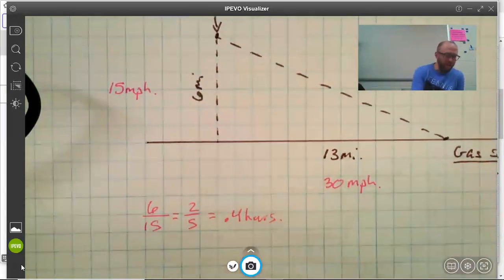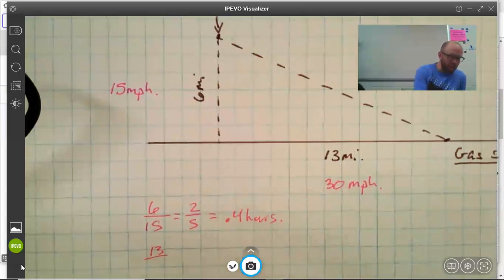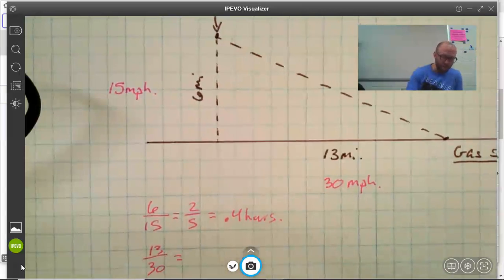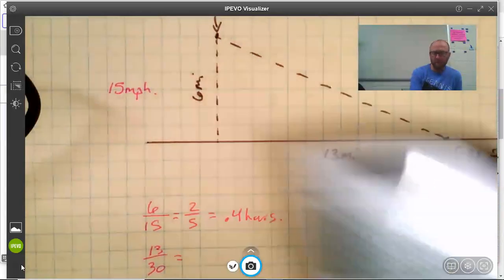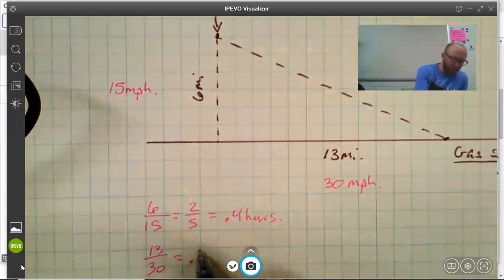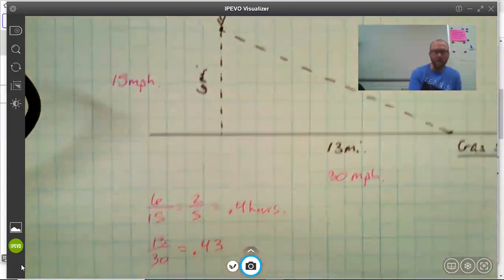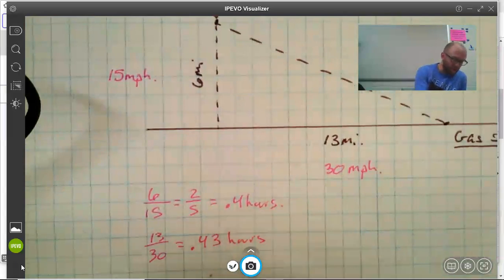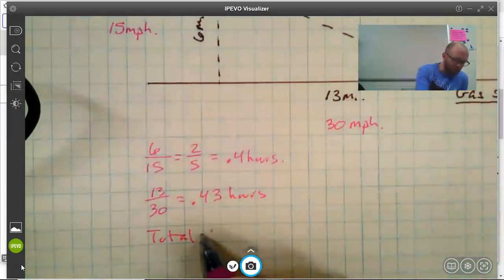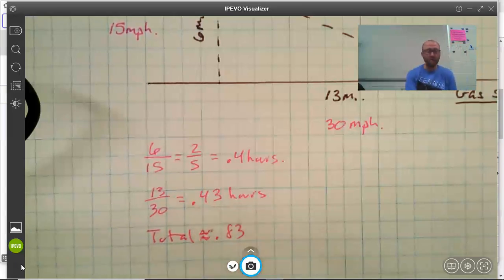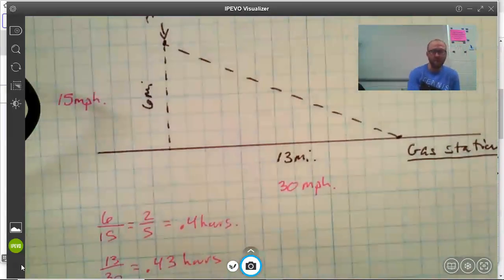And then you have to drive 13 miles divided by 30 miles per hour. 13 divided by 30 is 0.43, we'll round it off, hours. So the total is approximately 0.83 hours.